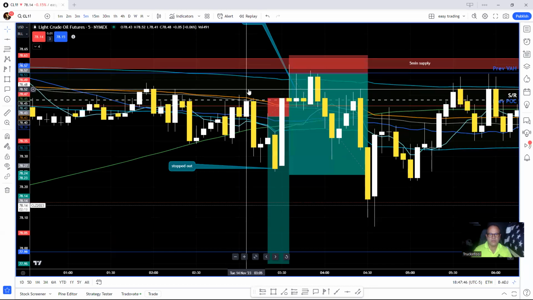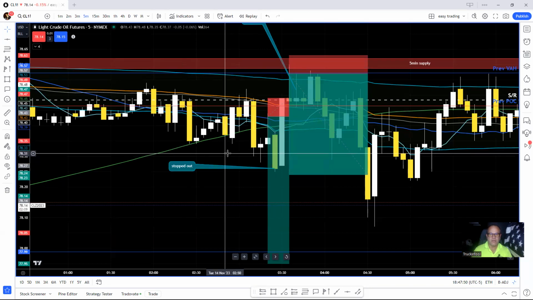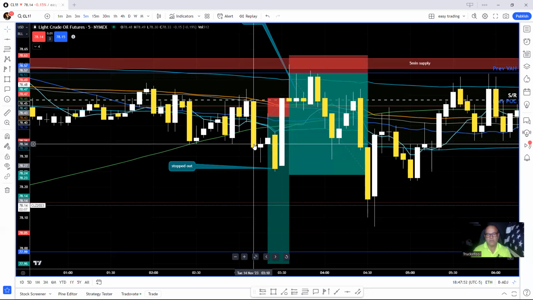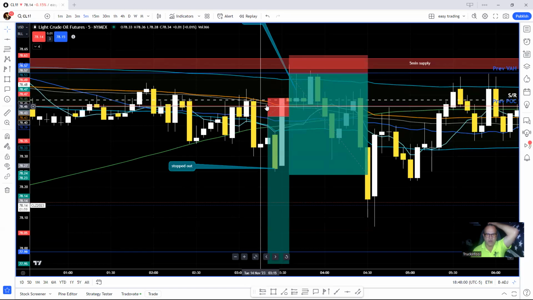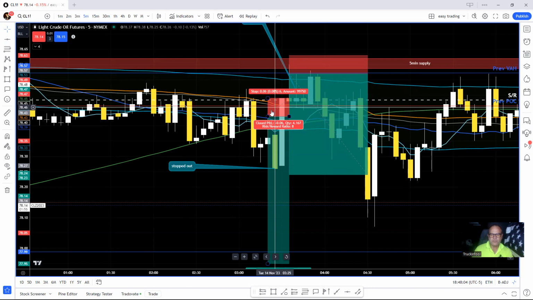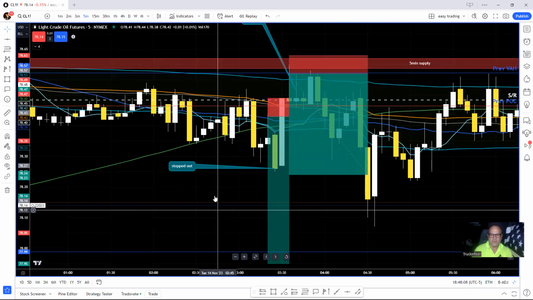It tried to bust through here, put a big engulfing down candle down. So what I was looking for was the pullback on that, to risk all of these combined levels and take a short down.